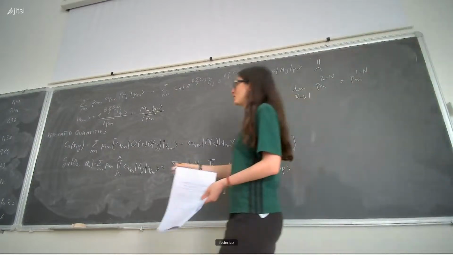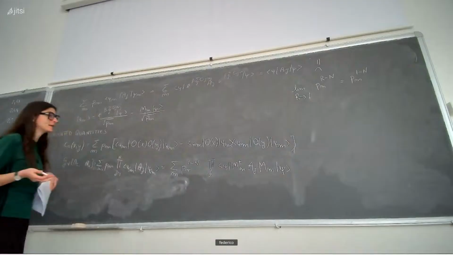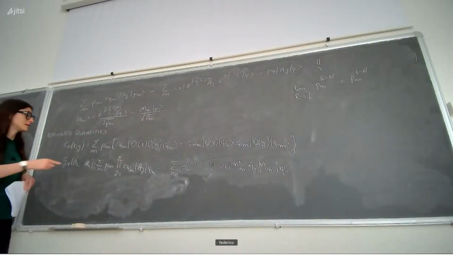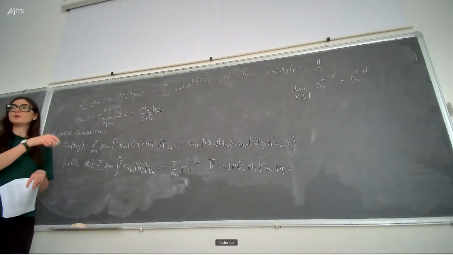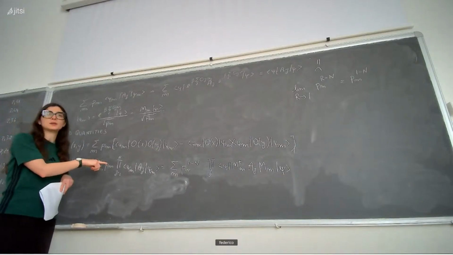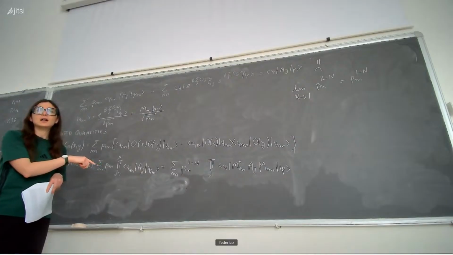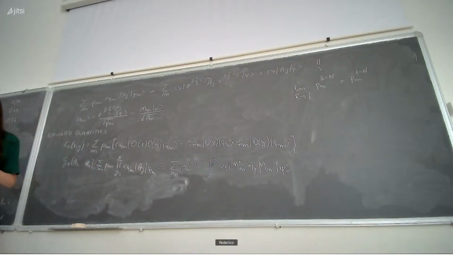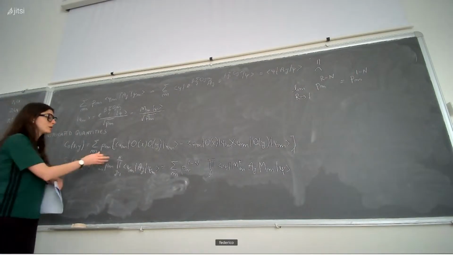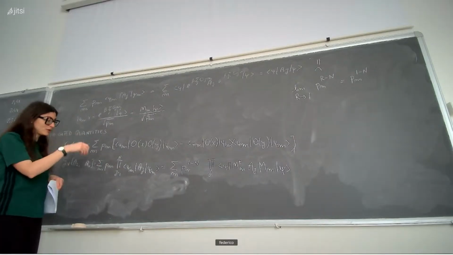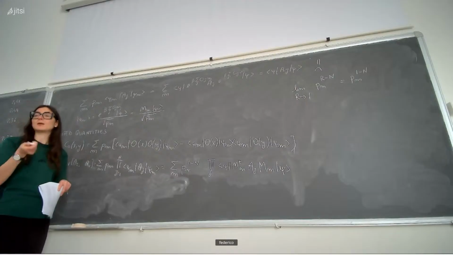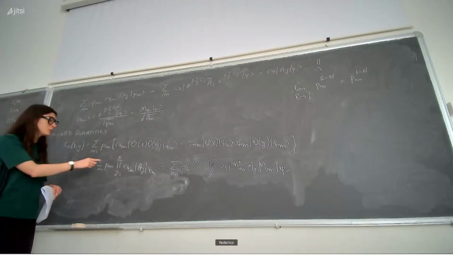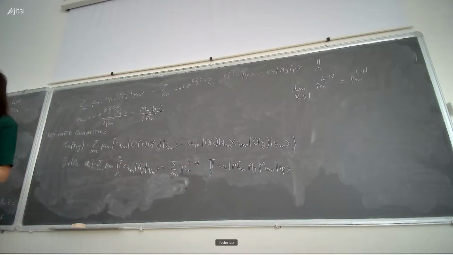What changes between disordered systems and measurements is the presence of this P of n. Usually when you do measurement, you average your quantities according to the Born probability, the probability of getting that specific measurement outcome. While when you perform the average over disorder realizations, usually you don't average over the probability of getting that specific realization.